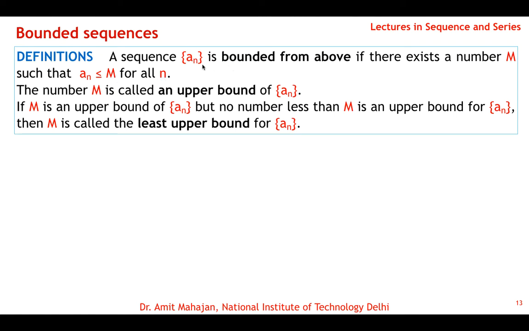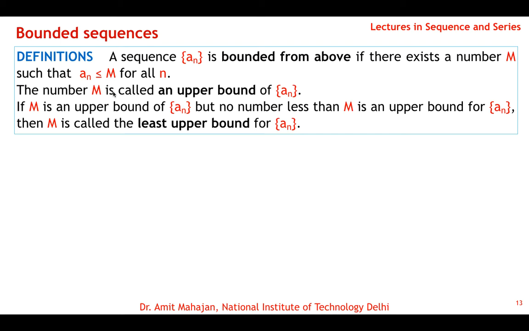Okay, so we say that a sequence is bounded from above if all the elements of the sequence are less than a number, okay? And in that case this number becomes the upper bound of the sequence.